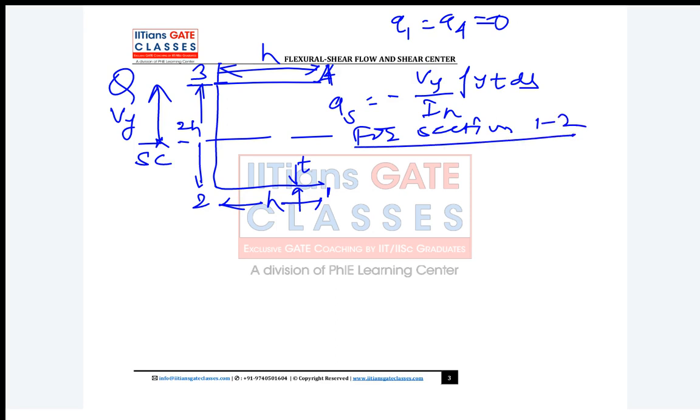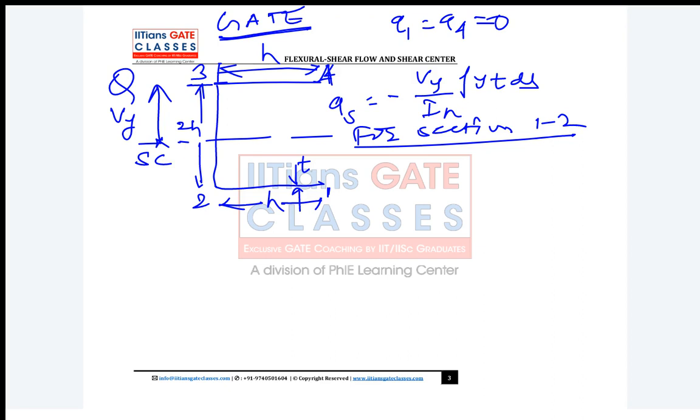Because for the C section there is one GATE question in GATE Civil. In GATE Civil for the channel section they asked how the shear flow looks. So they may ask in GATE Aerospace also. So we will see how to do this for section 1 to 2.